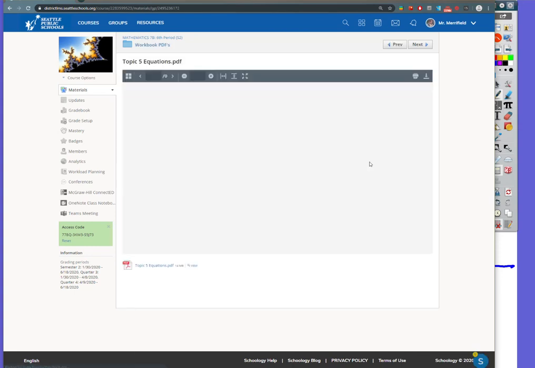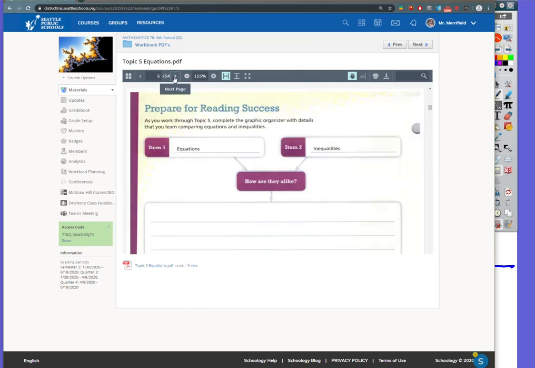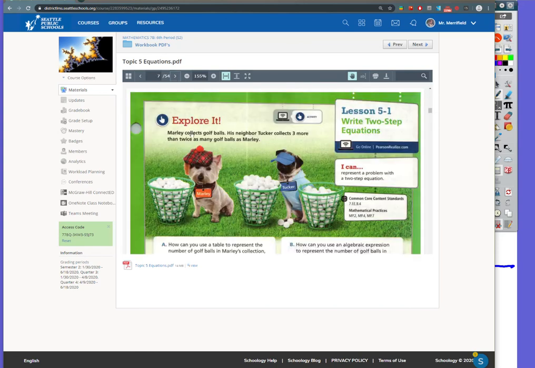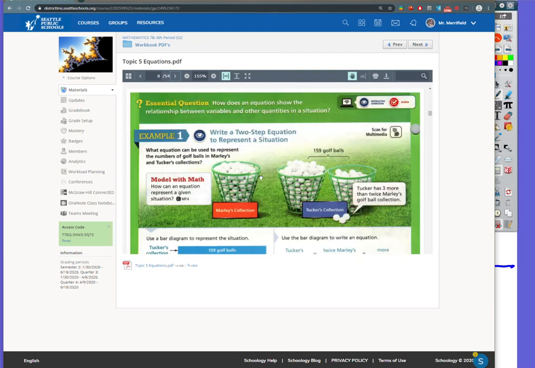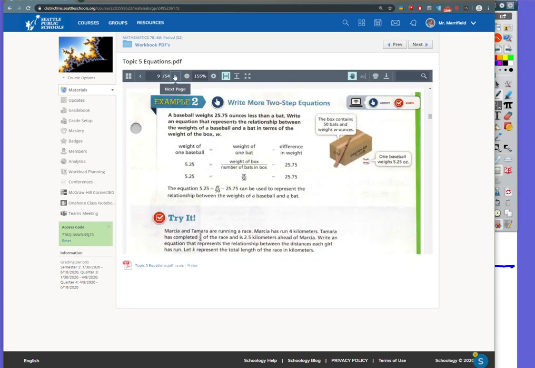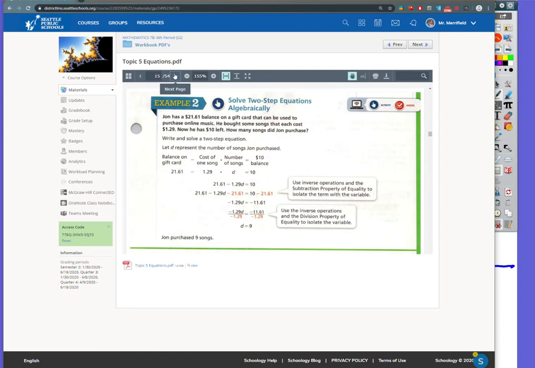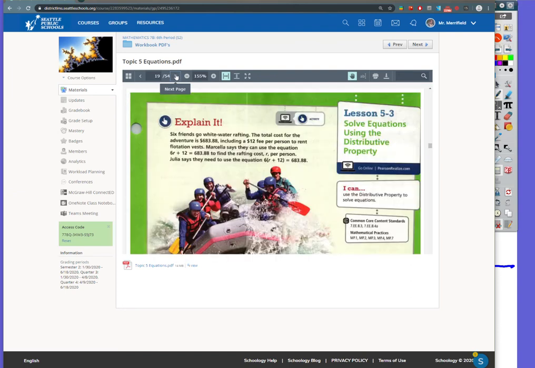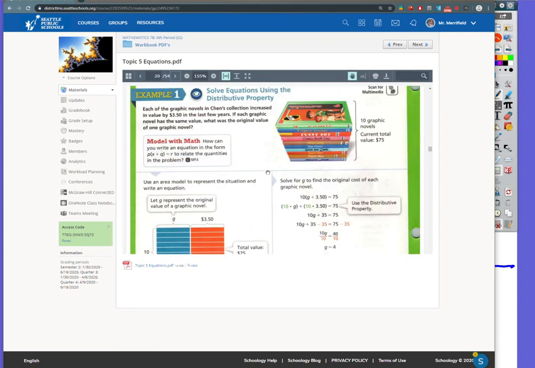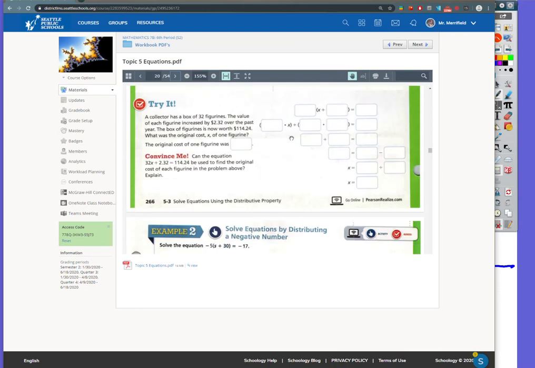Click here and you've got a workbook. It doesn't have the beautiful Charlie on it, but you'll have a further example on how to write those equations, a few more examples, some more two-step equation solving, and some extra examples on solving problems with distributive property.